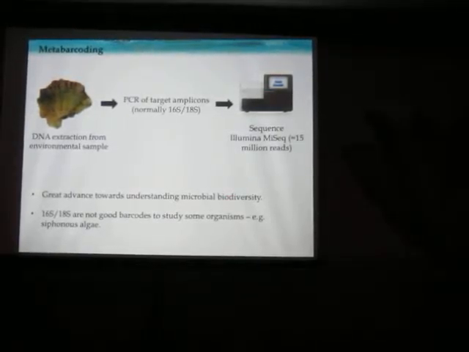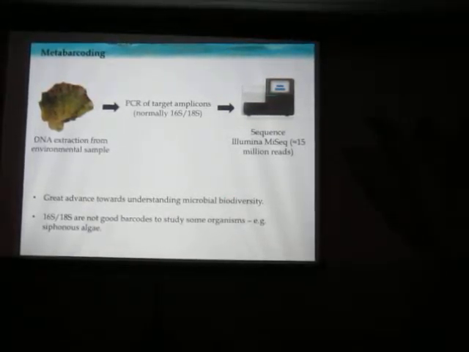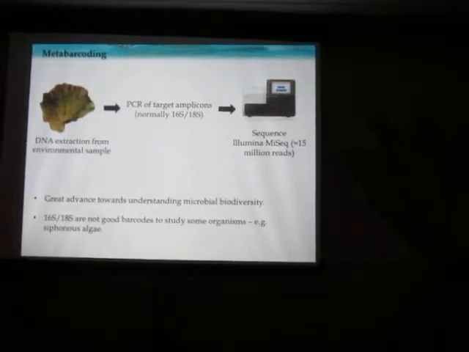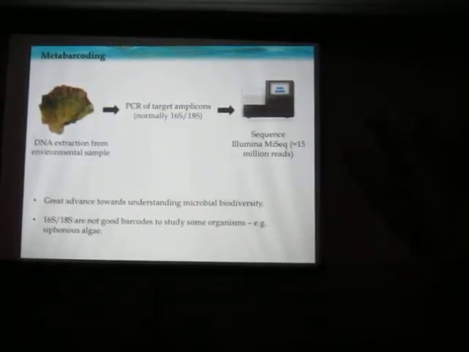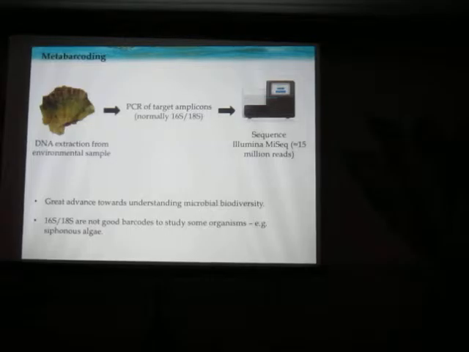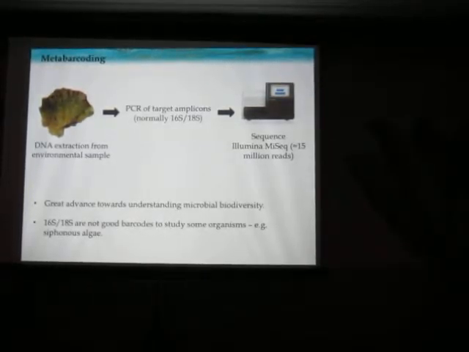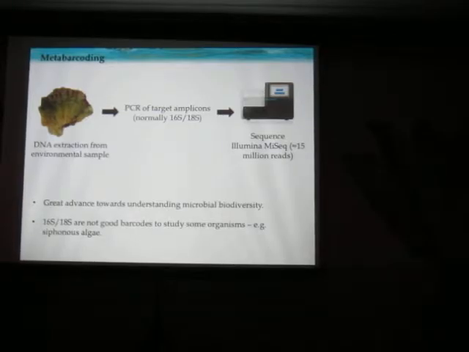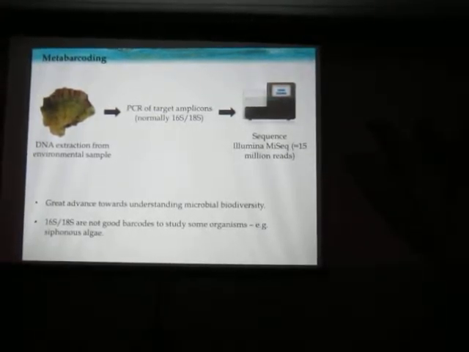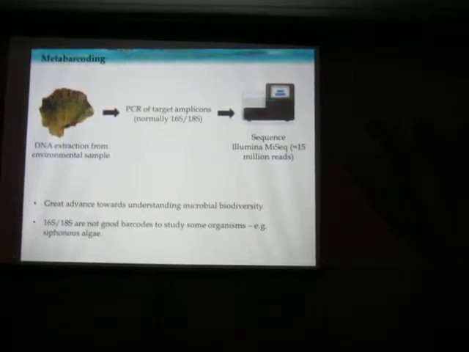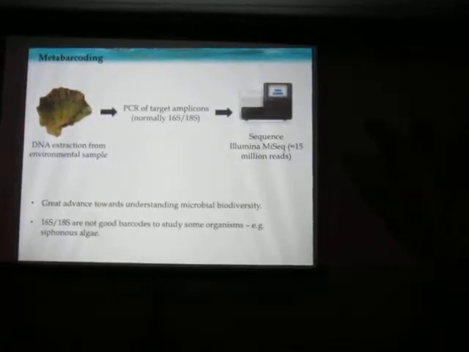What people normally use is the 16S for bacteria and the 18S for eukaryotes, and you submit to sequencing. This is super nice, except that 16S or 18S are not really good barcodes to study boring algae, because algae evolve very slowly when compared to bacteria, for example. So we need markers that have a better phylogenetic resolution here.